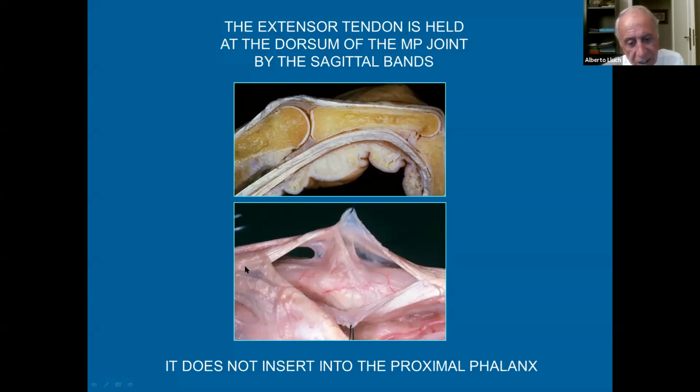So as you can see here, I did a longitudinal incision on the hood, extensor tendon hood, and we can see this collagen tissue, connective tissue, but this is not a real tendon insertion. This is just for stability or probably more for vascularity of the tendon. It's like a vinculum, but it's not a real insertion of the tendon into the proximal phalanx.